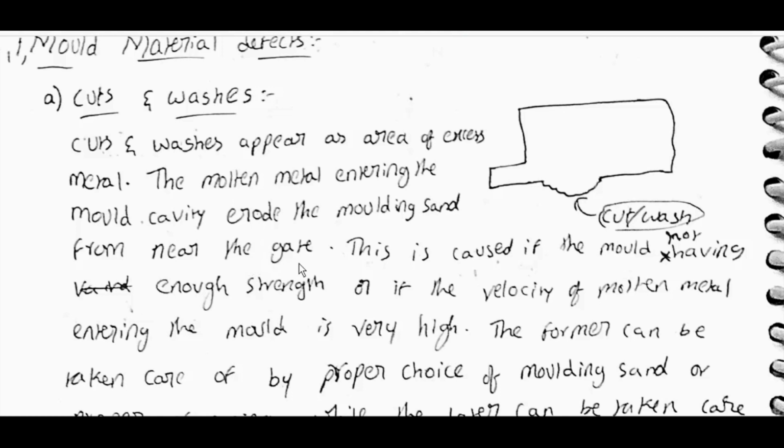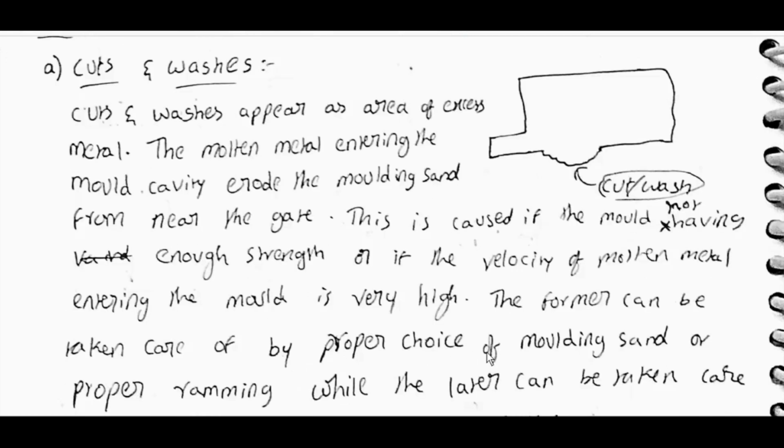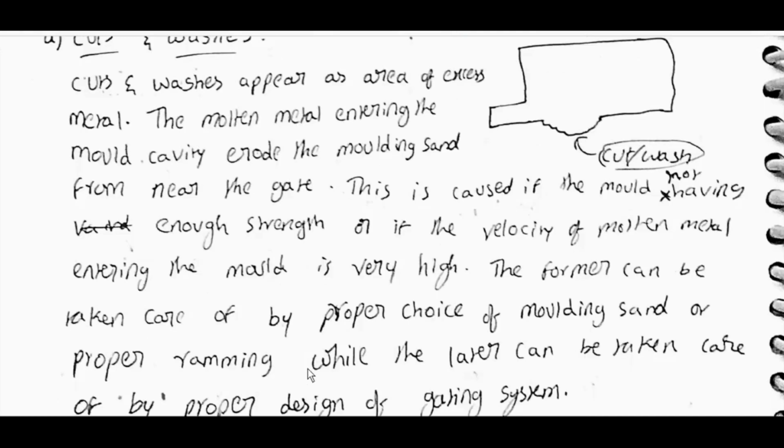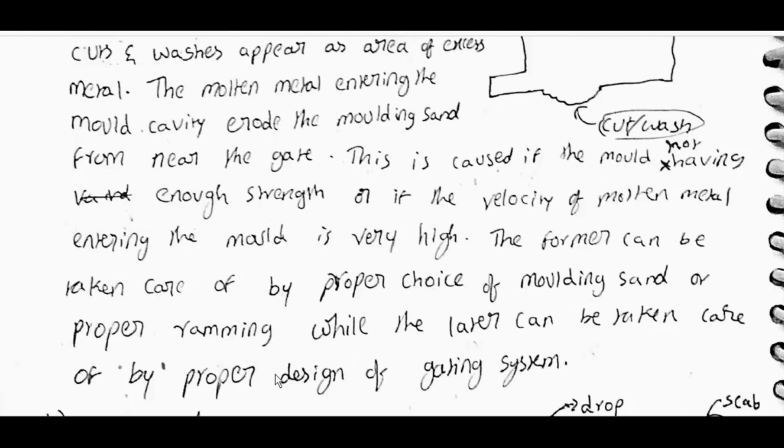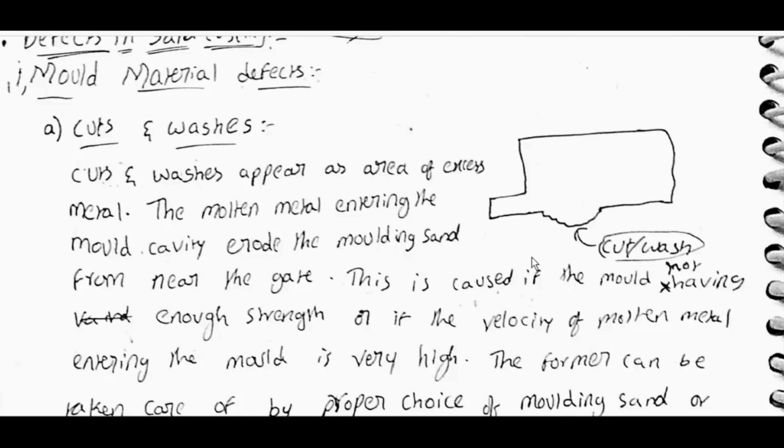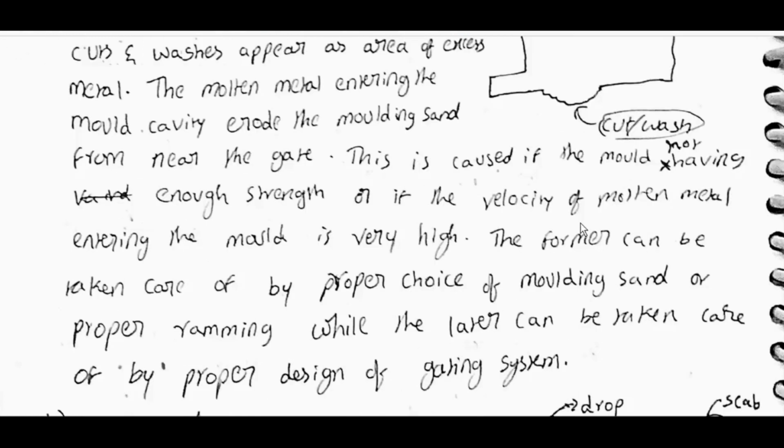This is caused if the mold does not have enough strength, or if the velocity of molten metal entering the mold is very high. The former can be taken care of by proper choice of molding sand or proper ramming, while the latter can be taken care of by proper design of the gating system. This is where the cut and wash will be.